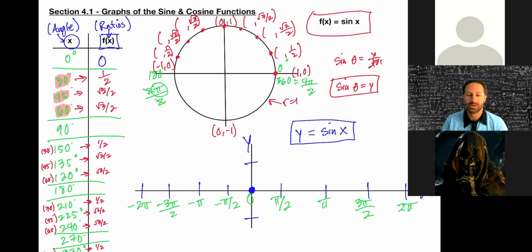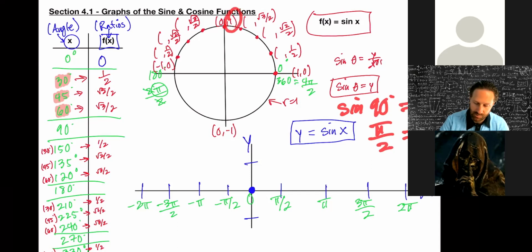We start at our origin. But then what happens when we go all the way 90 degrees? What does my y value become? 1. So yeah, I could plug in the sine of 90 or pi over 2 if it's in radians into my calculator, and guess what it would give me? We don't have to guess, we know. It's 1. So now I'm all the way up here.